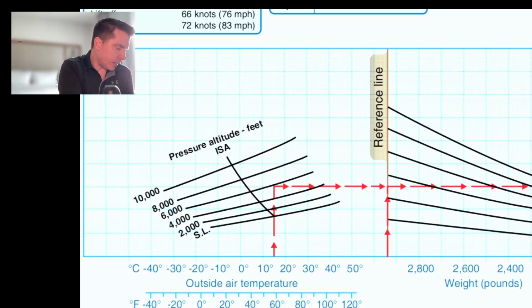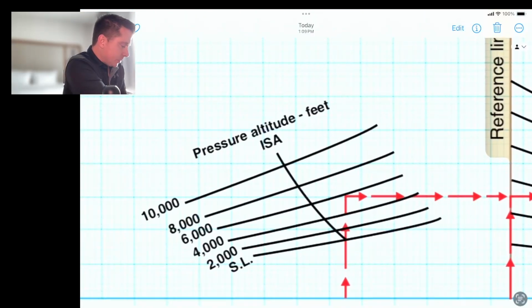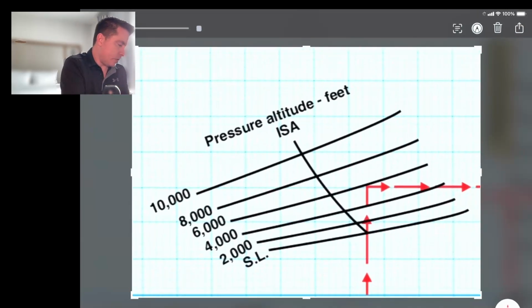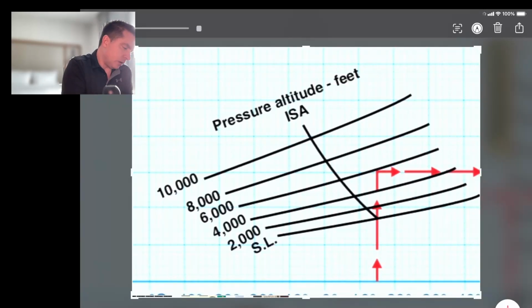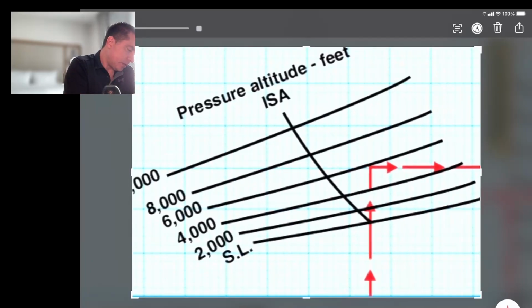So you'll just draw a line straight up. And if you have an odd altitude for some reason, which they like to do because they like to make sure you know how to interpolate and read the graph, let's say you have 5,000 feet. You just try to keep the same spread between each.